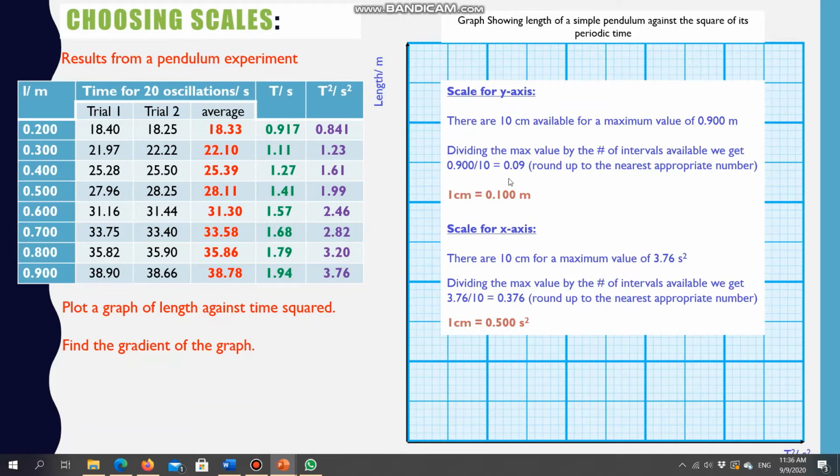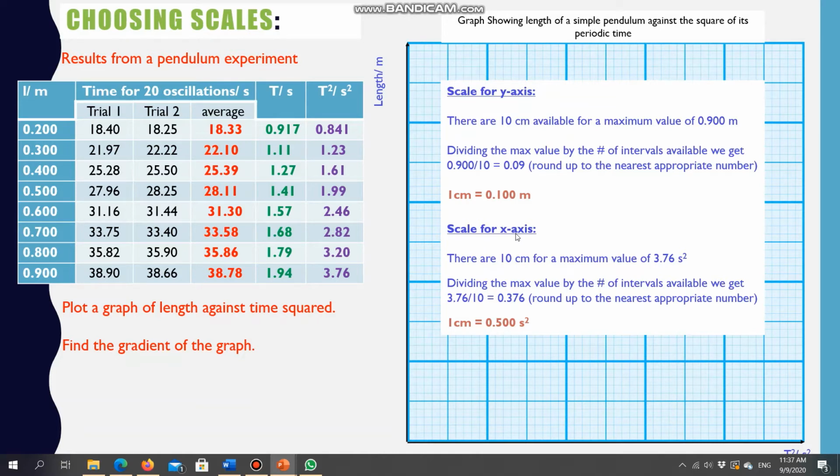Now an easy way to figure out the scale is to divide the maximum value by the number of intervals available. Now when we do that, we get 0.09. However, 0.09 would be an awkward number to use. So what we do is to round up that number to the nearest appropriate number, which is 0.1. So we are going to use a scale which says 1 centimeter on the graph is equal to 0.1 meter.